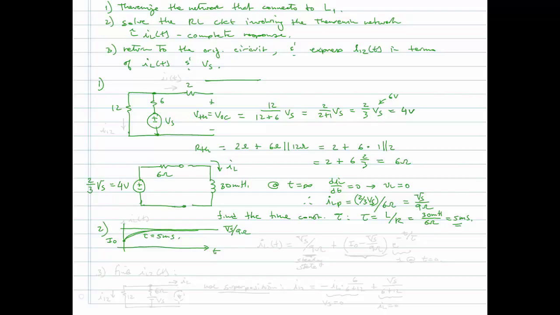So now I need to just write an expression for that. Okay, so we have IL of t is going to be equal to, I'll write the steady state response, this Vs over 9 ohms, plus something that starts out at, let's see, I0 minus Vs over 9 ohms, and then it decays away.